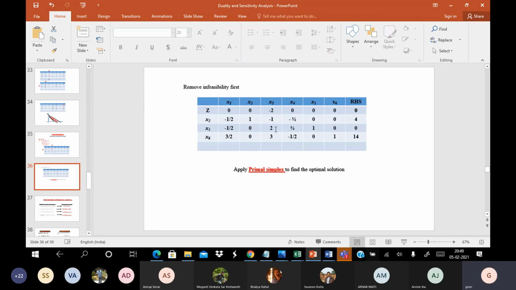So first you apply dual simplex, you get this table where you stop dual simplex, because you cannot apply dual simplex on feasible tables. Dual simplex can only be applied on infeasible tables, right? Here you have to apply primal simplex, treating it as the initial BFS. So what will be the optimal solution?